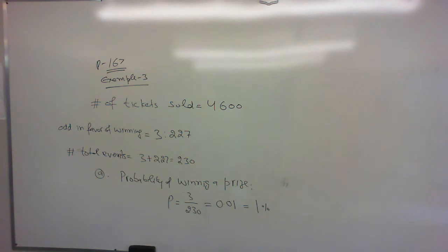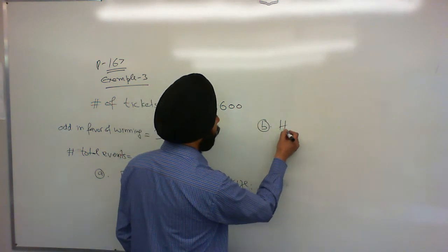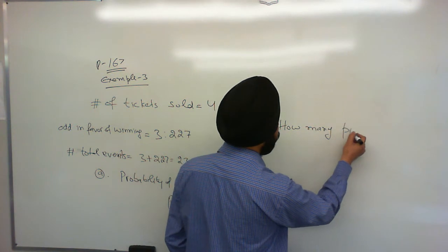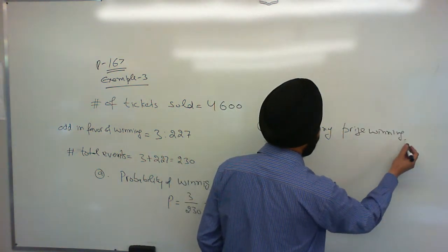use proportional reasoning to find this. How many prize winning tickets are there? You might need to think a little bit hard to solve this problem. How many prize winning tickets are there?